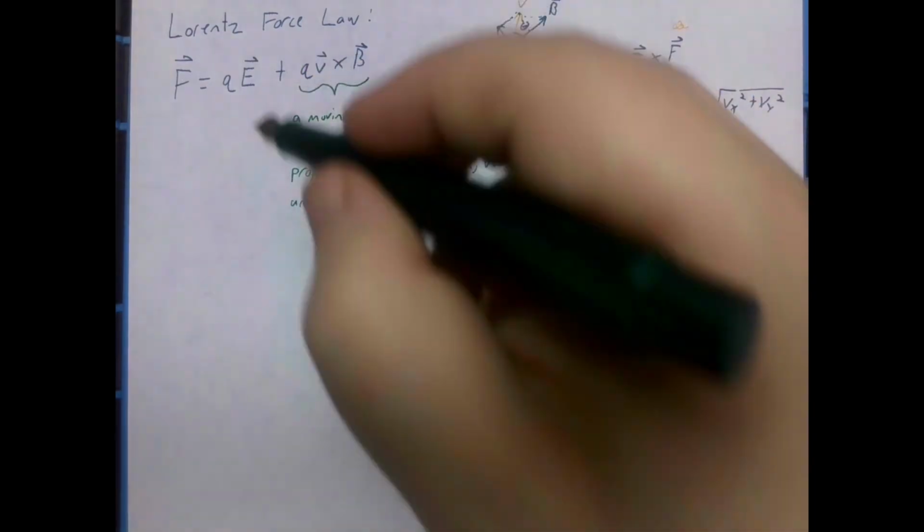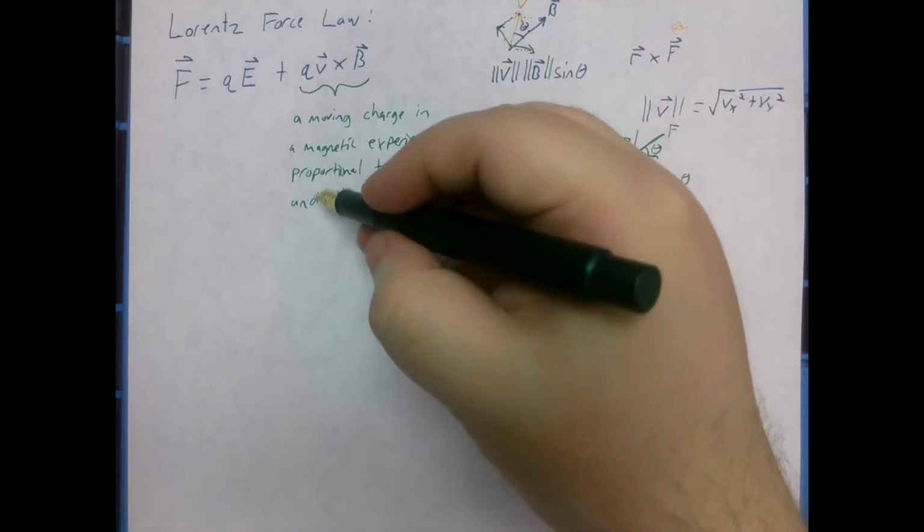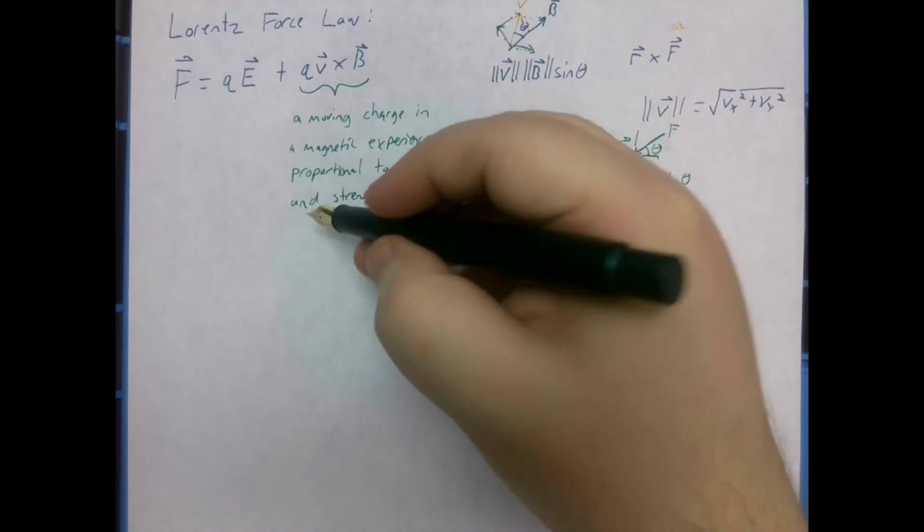It also tells us that it's a cross product, so only the perpendicular component matters.